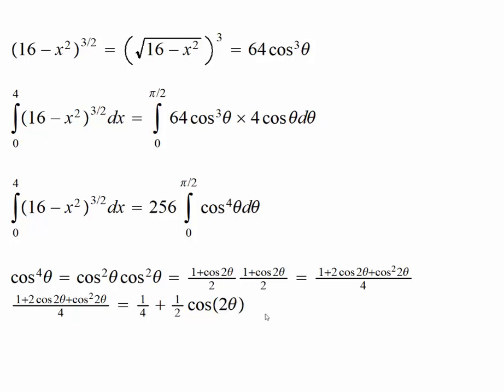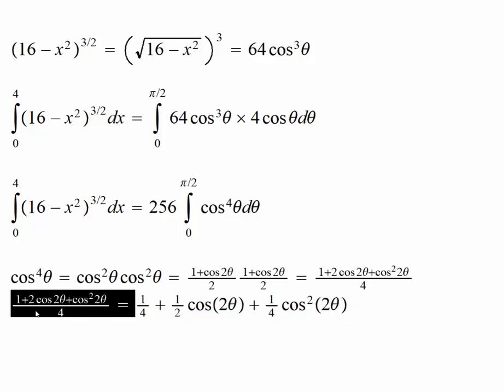Okay, and then plus 1 over 4 cosine square 2 theta, right? So cosine square 2 theta.